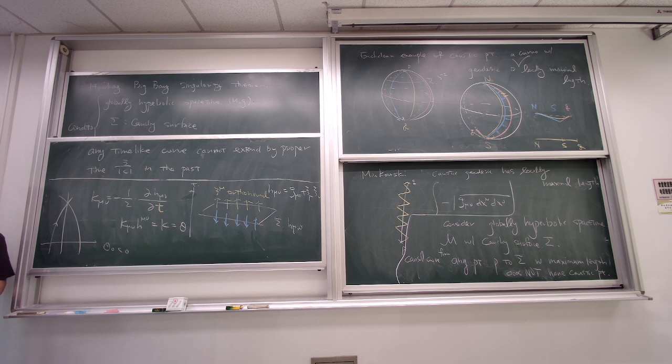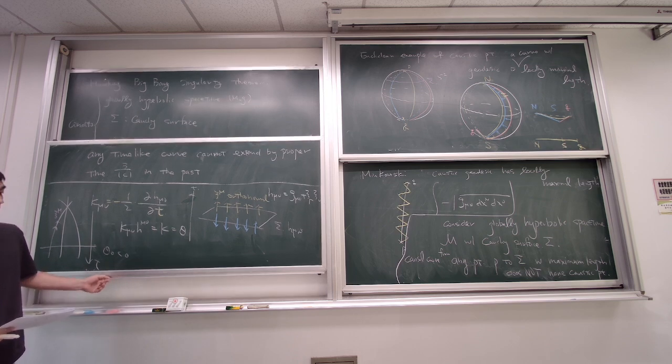So xi is now past directed. We can consider the time direction as opposite, and then the curve is focusing on the past. It's totally free to do that.